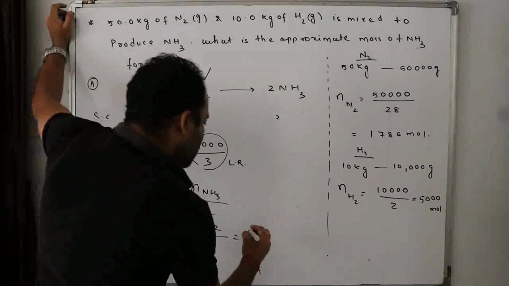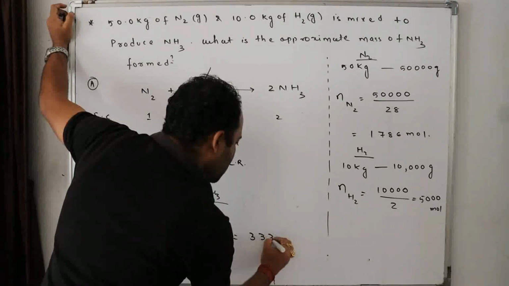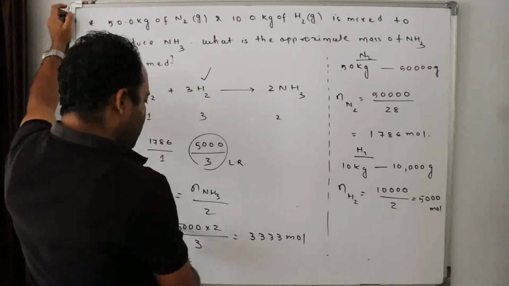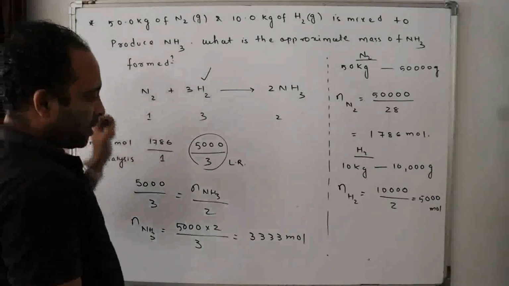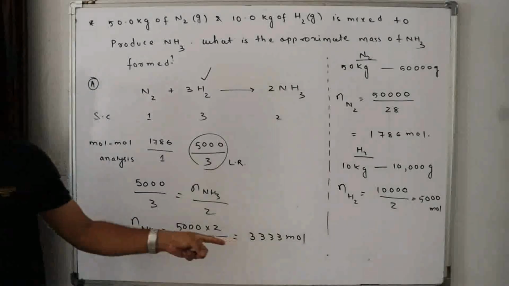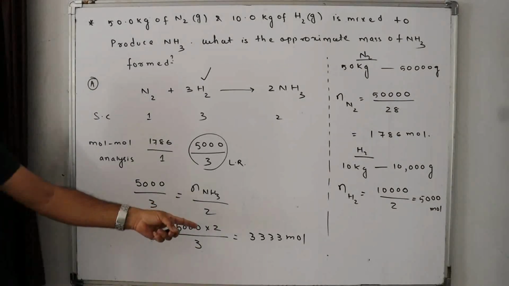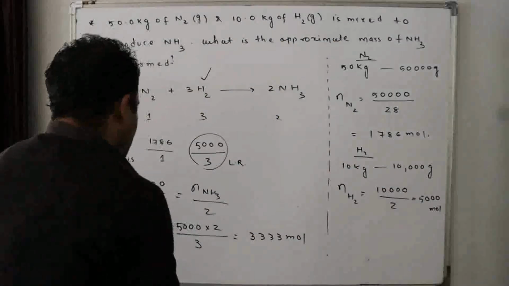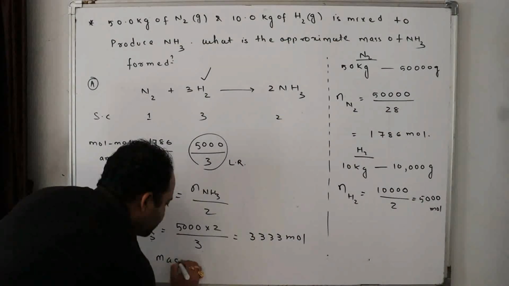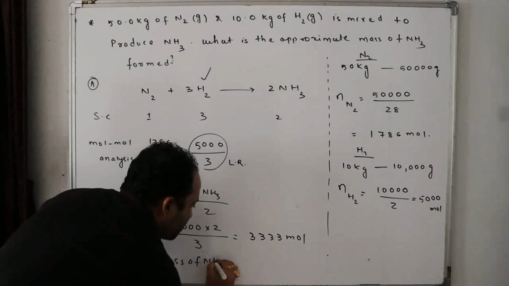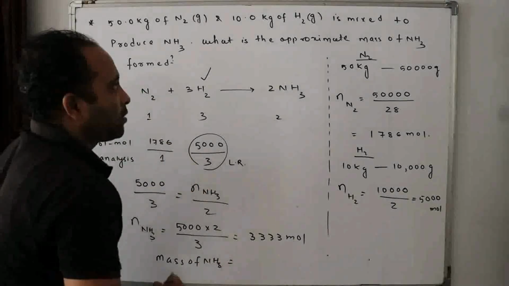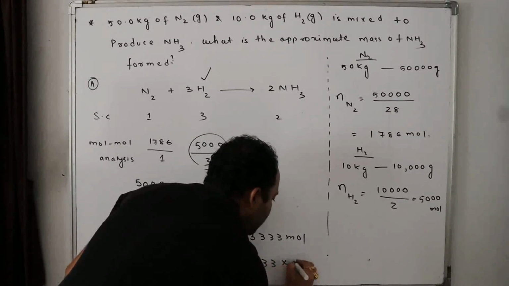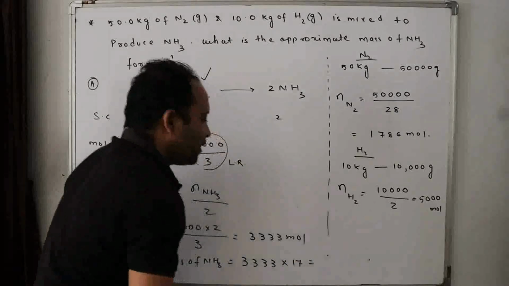So it is approximately 3 thousand moles, isn't it? Because 5,000 into 2 will be 10,000. So 10,000 by 3 equals 3333 moles approximately. Okay, please check the calculation. That means the question is, what is the approximate mass? This is moles. So the mass of ammonia is equal to how much? 3333 into, each mole is 17 grams, isn't it?